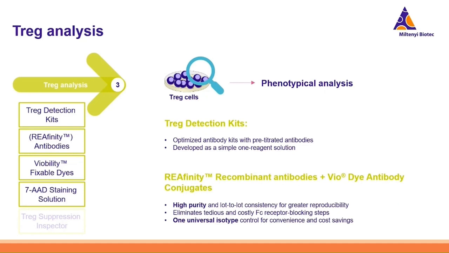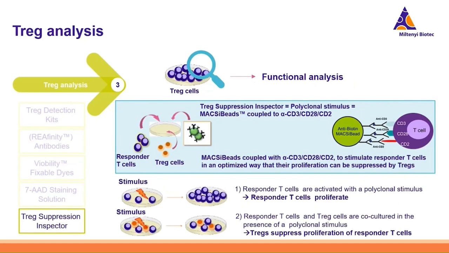The functional analysis of Tregs is a cellular assay, and for this we also provide a kit, which is the Treg Suppression Inspector, and this is based on MACSiBead technology and coupled to antibodies, which gives a polyclonal stimulus. And how does it work?